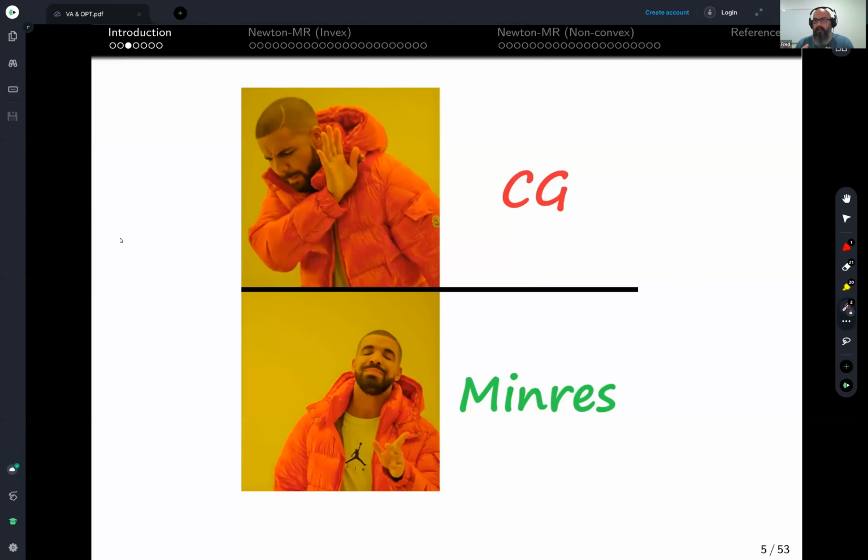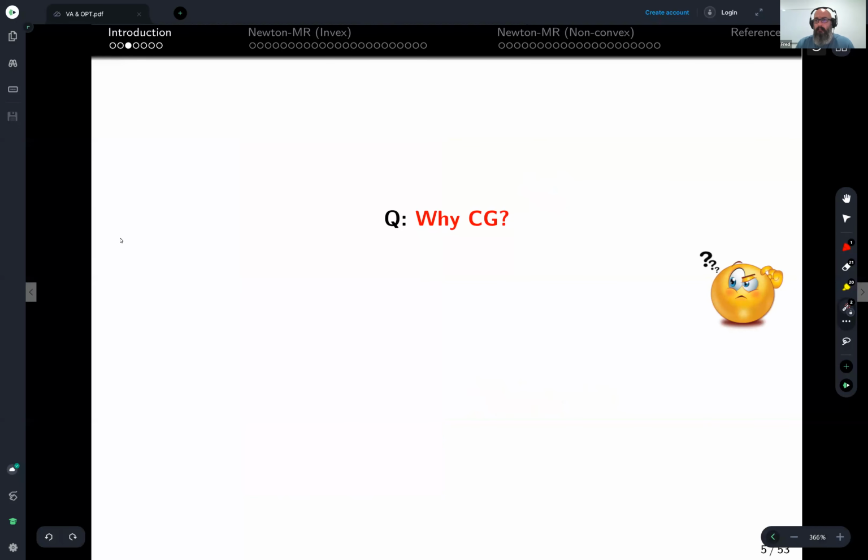There are other alternatives that come with much better theoretical and empirical properties. So we try to promote the alternative. But in order to do that, the question we had from the get-go was, why does everyone look at CG? Why is it that if someone asks you, I have this linear system, how am I going to solve it?